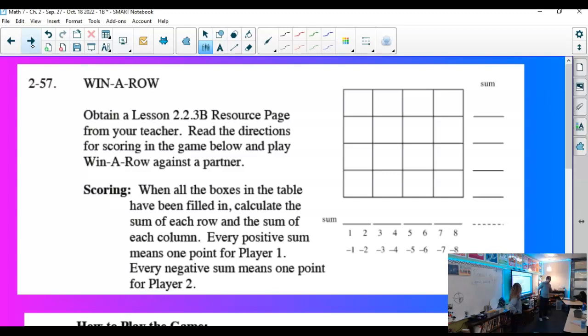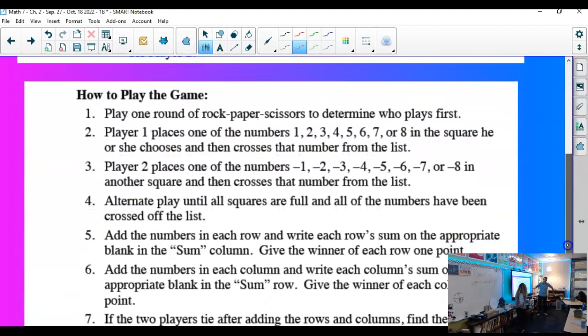Player 1 is positive. I have the numbers 1 through 8 available to me. I'm going to pick a number and a spot and place it. It doesn't matter where, so I'm just going to place 1 first. I'm going to cross it off. Now Miss Martin gets to place a negative number wherever she wants. But you might want to know the goal first.